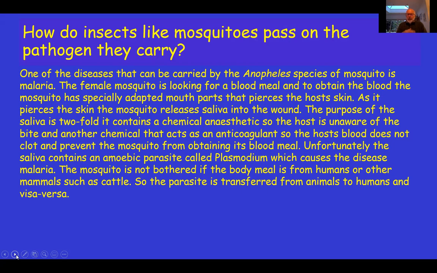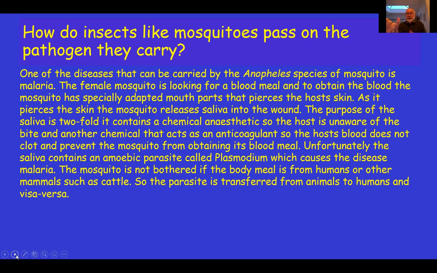Now, the other chemical acts as an anticoagulant. Now, anticoagulants are chemicals that stop the blood from clotting, because if you're an insect biting through the skin, the body defends itself by sealing that bite, almost like a cut, okay?